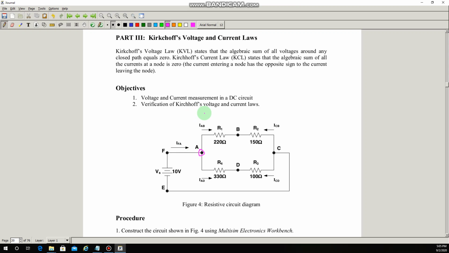So that said, let me write the KCL equation at node number A. It will be IFA is equal to IAB plus IAD.